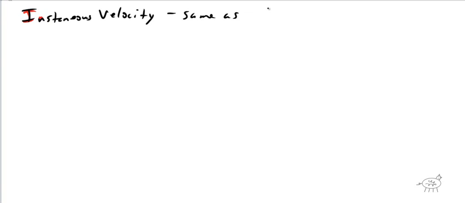Okay, so this is instantaneous velocity. All right, and again, it's the same as finding the slope at a point.